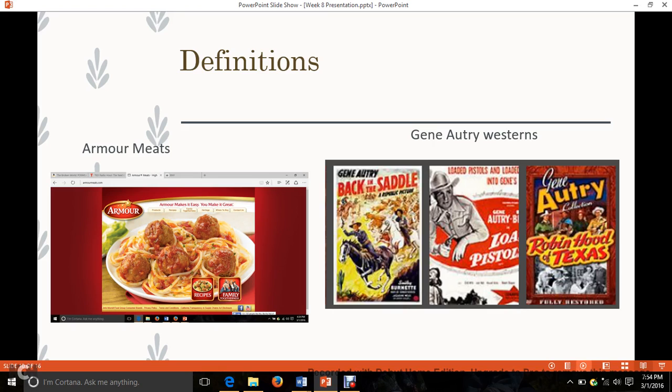Another thing mentioned was he worked for Armored Meats with pork lard, which was kind of ironic because he's a Jew, and Jews disdain pork. They don't eat pork, and so having to handle it, it's almost like, in biblical terms, the story of the prodigal son. The prodigal son leaves his father and goes off and tries to do things on his own, and he parties it up and spends everything, and by the end of the story he ends up working with pigs, and he is jealous of the pigs because they have something to eat.